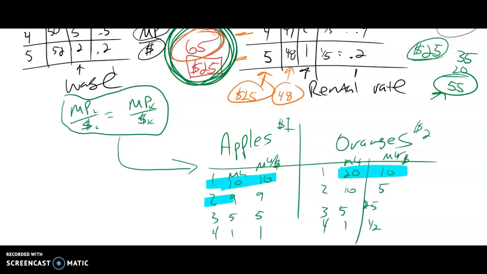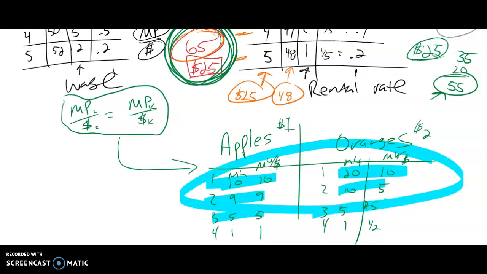But then after that, I should definitely have a second apple. And after that, they're equal to each other. And after that, I should definitely have the orange. And that's maybe my best combination between the two. So if we had, 1, 2, 3, 4, 5, 6, 7, 8, $9 to spend, that would be our best combination to get the most utility.